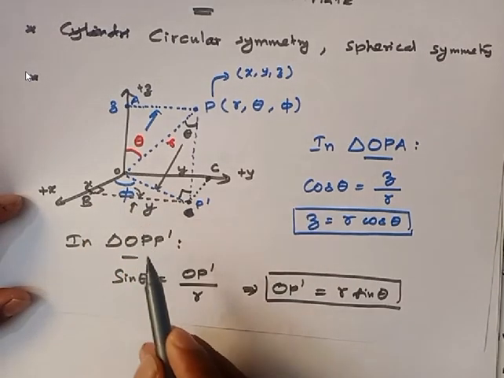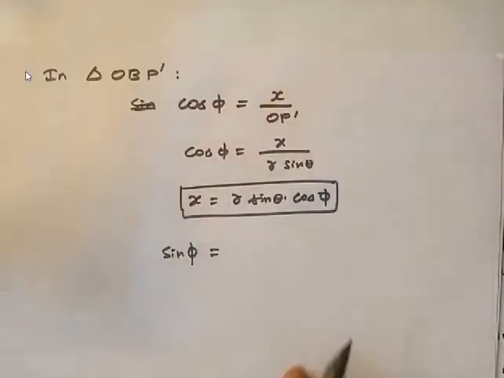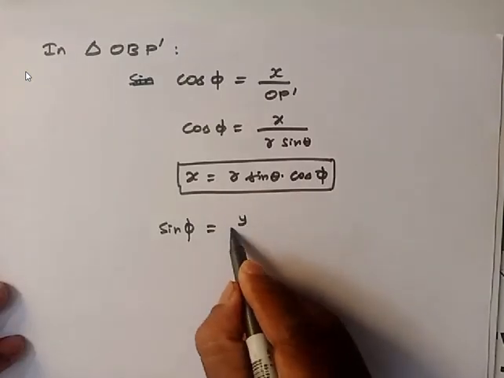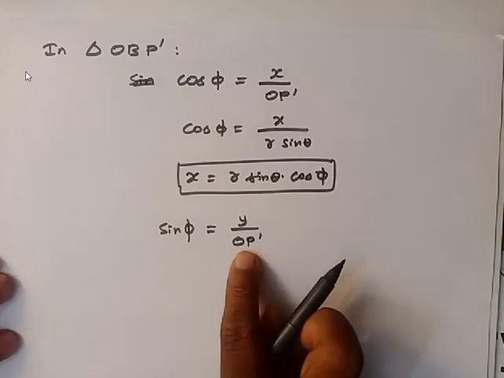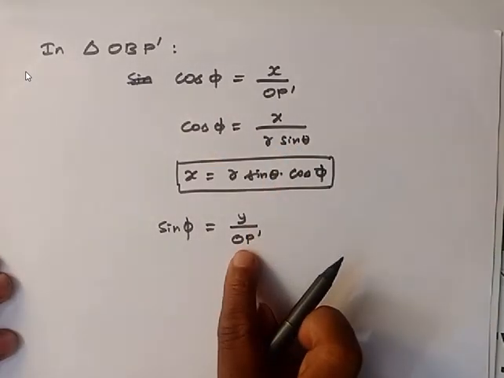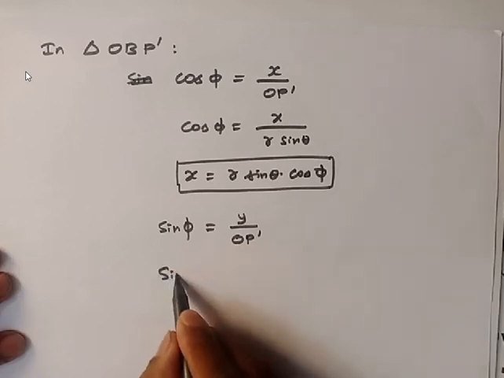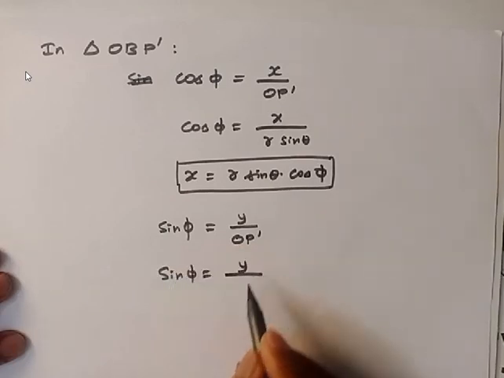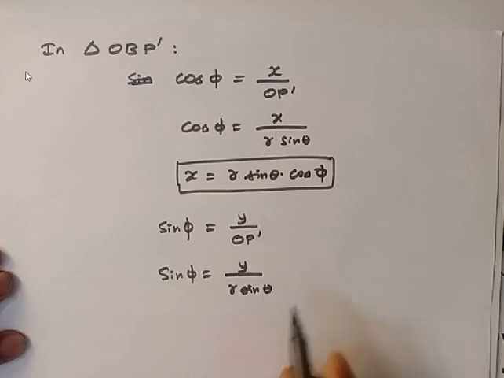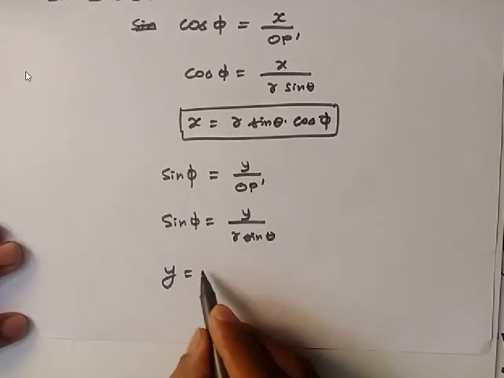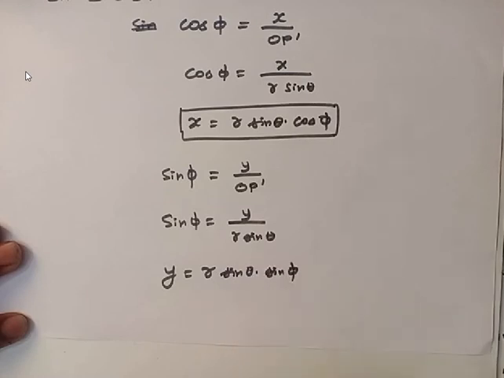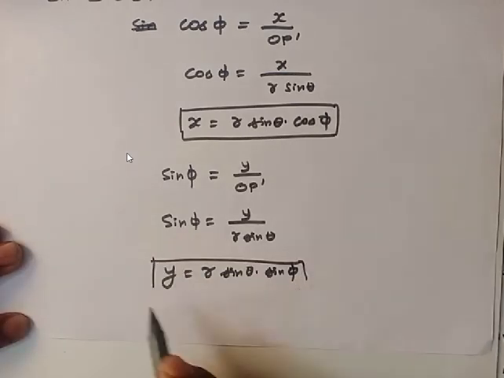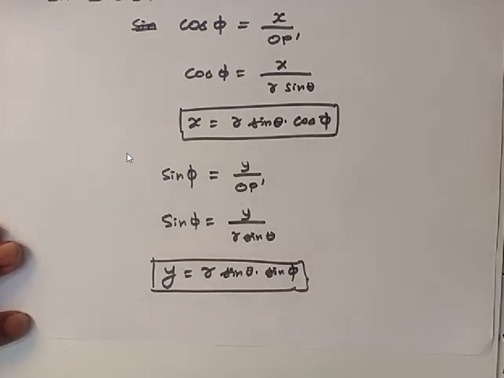The opposite side is y, and the hypotenuse is OP prime, whose value is r sin theta. So sin phi equals y by r sin theta. So y is equal to r sin theta sin phi. This is the relation between the Cartesian coordinate y and the spherical polar coordinates r, theta, phi.